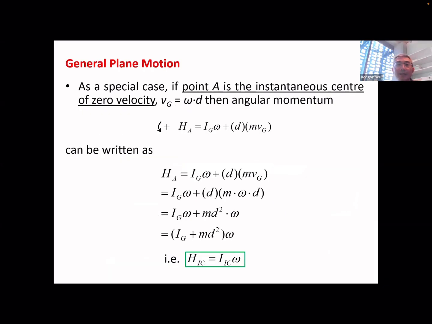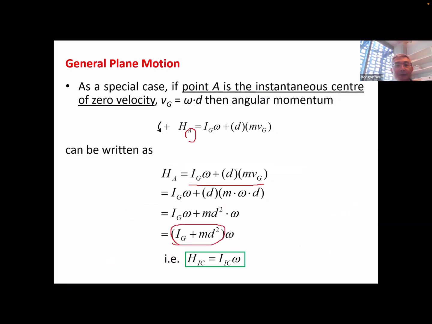Now, a specific situation. If the selected point A is the IC point of this rigid body undergoing general plane motion, then this will be similar to the equation in rotation about a fixed axis. And you can rearrange this equation and use a parallel axis theorem.